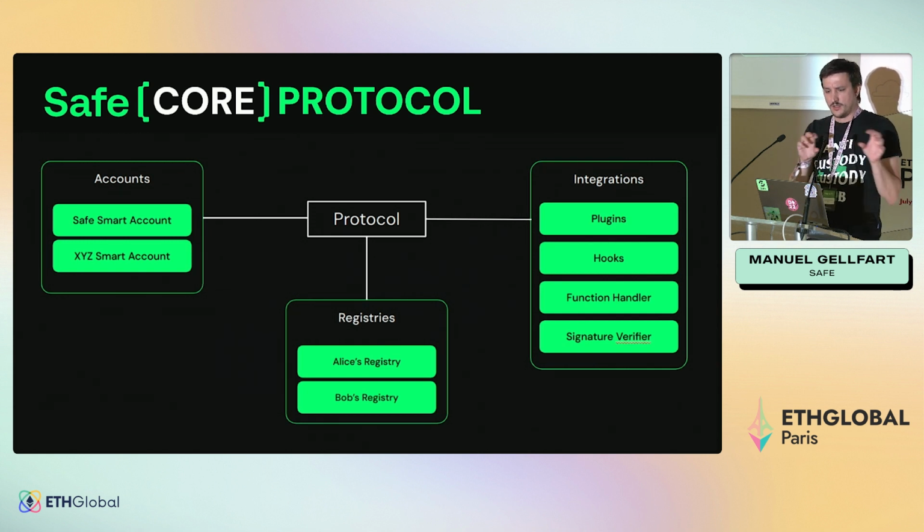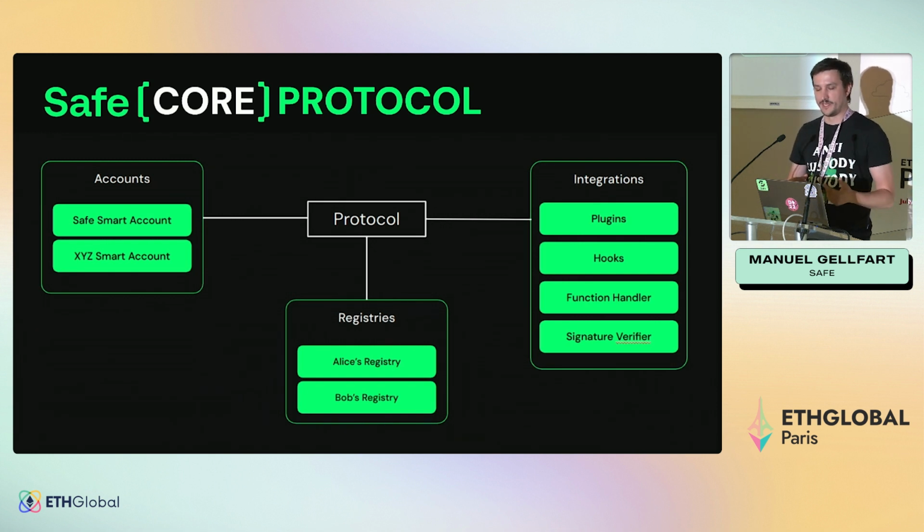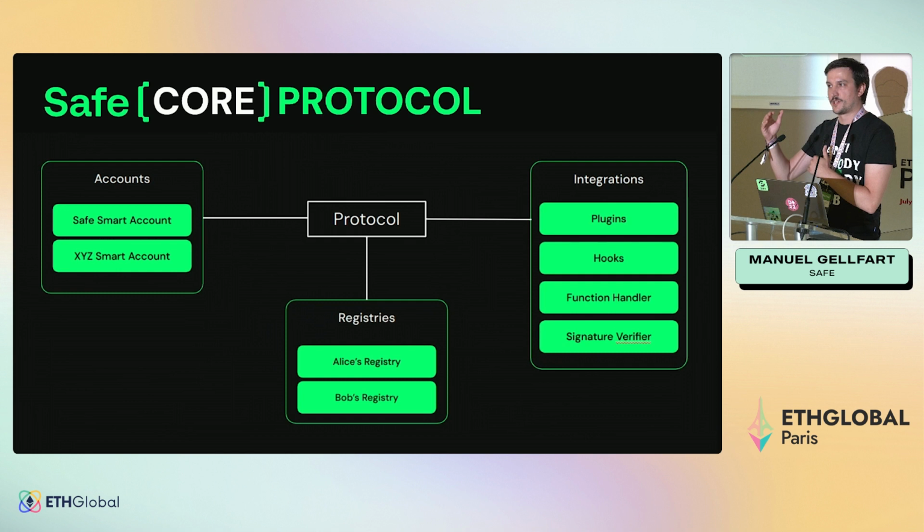A registry is where we have audited or sets of audited contracts. These contracts are these integrations. So it's always a bit tricky to know, which of these plugins can I trust, right? And that's why we need registries. But there could also be multiple registries, by multiple DAOs, by multiple protocols, just so that you know who audited it and who you can trust.